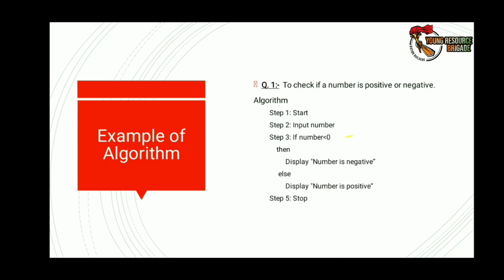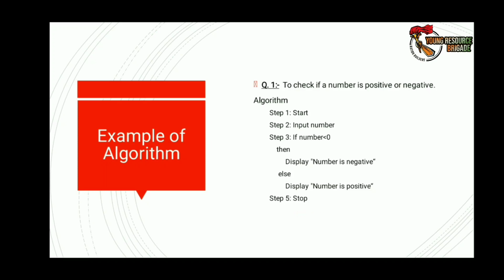If the number is less than 0, it means the number has a minus sign, a minus value, then display number is negative. And whenever this condition is false, that means the number is not less than 0, when it is greater than 0, then display the else part, number is positive. Understand? And the last step, stop our procedure.